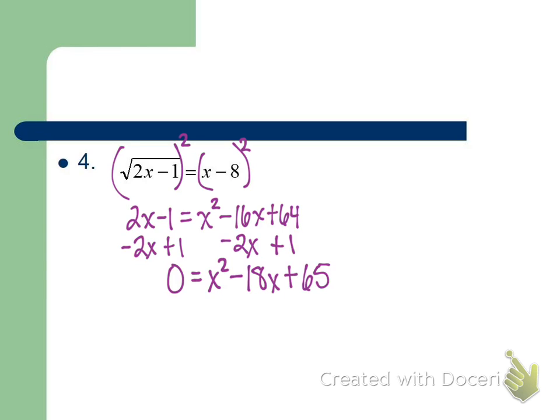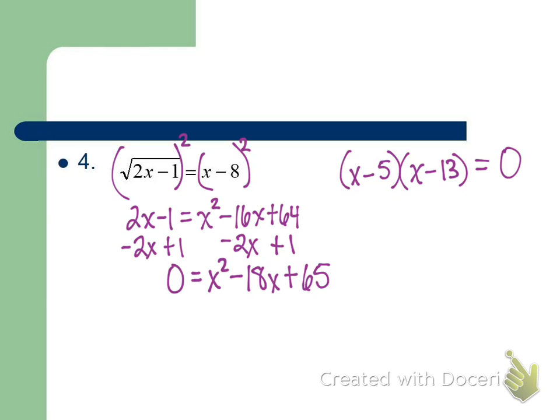Now we are looking for the factors of 65 that add up to what? -18. So both of our numbers are going to be negative. So we know we're going to have x minus and x minus. 5 and 13 will do it. 5 and 13 would add up to 18.